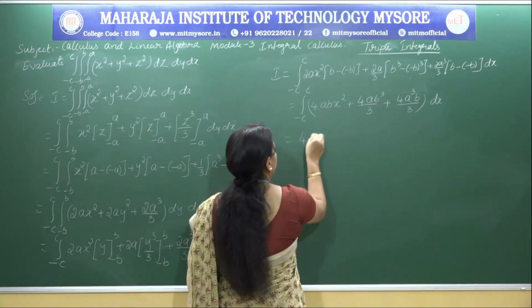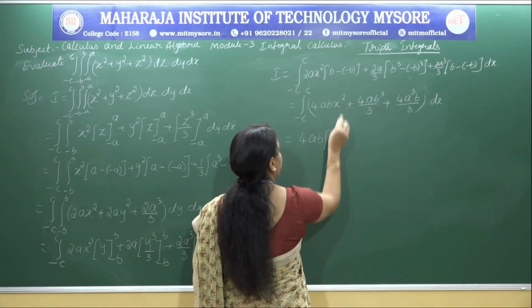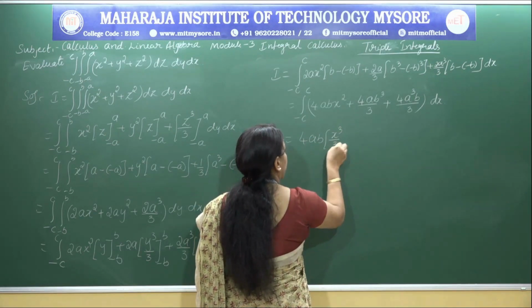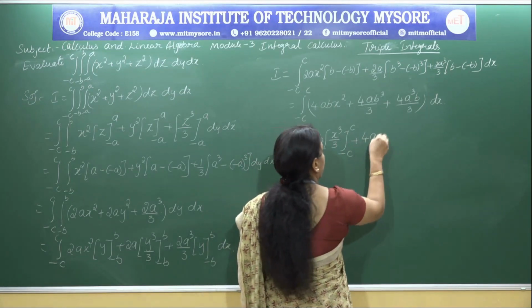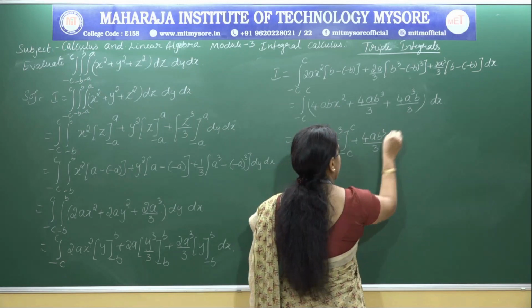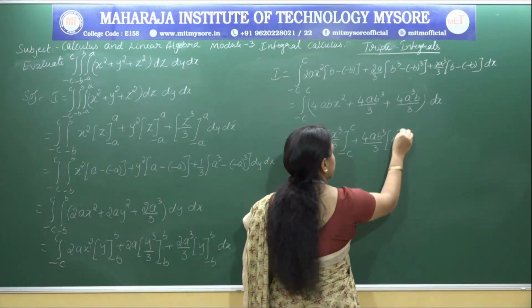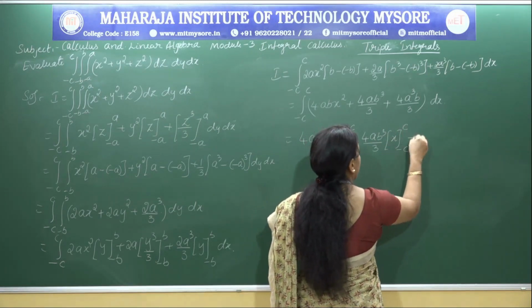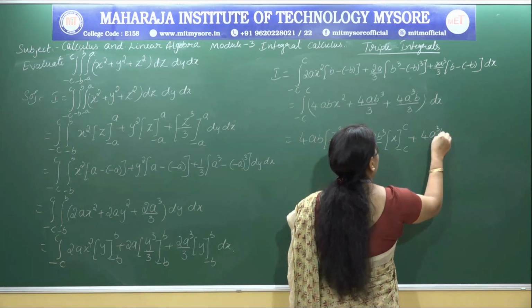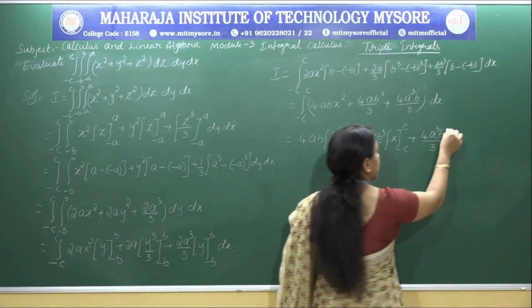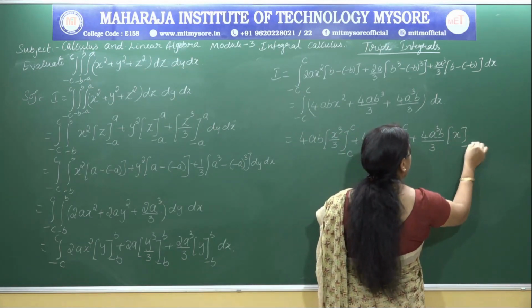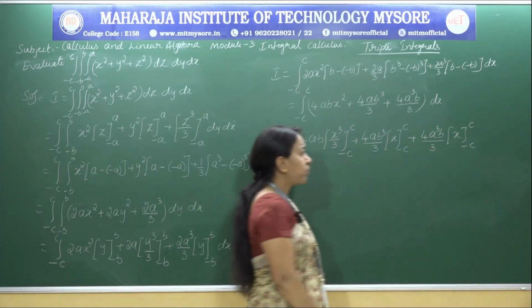So 4ab constant, integral of x square is x cube by 3 between the limit minus c to c, plus 4ab cube by 3 constant, integral of dx is x between the limit minus c to c, plus 4a cube b by 3 constant, integral of dx is x between the limit minus c to c.